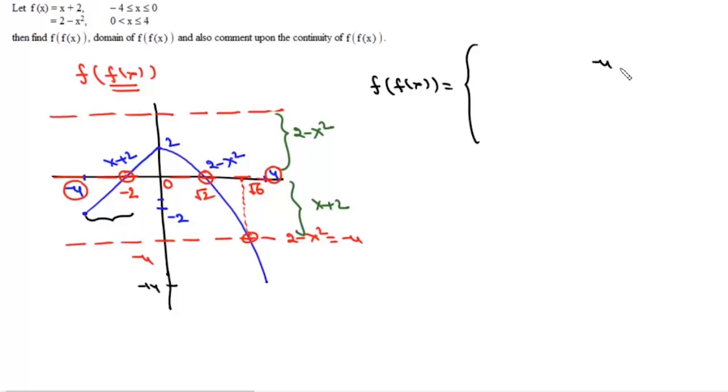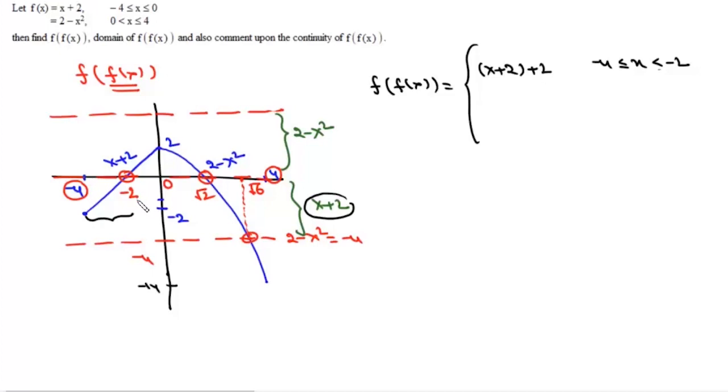So when x lies between minus 4 and minus 2, since this function is continuous, again we need not bother about this equality sign. Here this definition is x plus 2, and it lies within these two lines. So this x plus 2 will go to x plus 2. So here it will be x plus 2 plus 2.